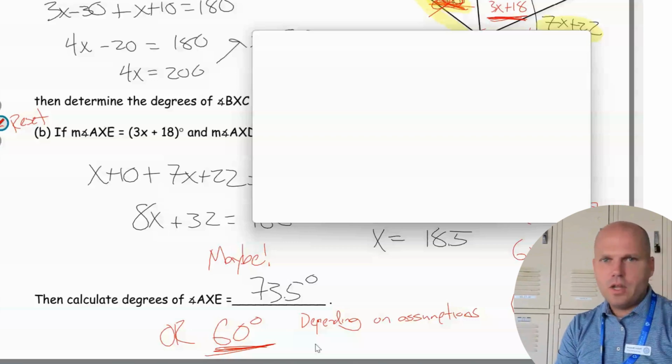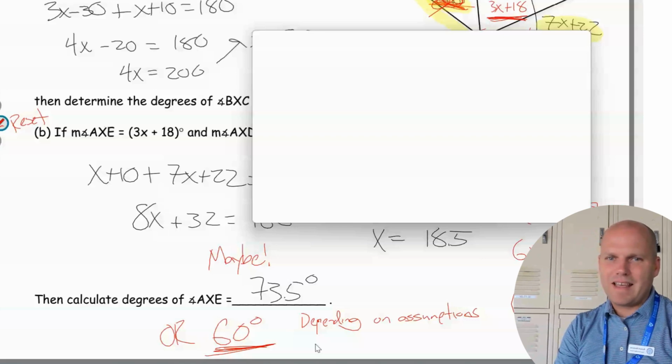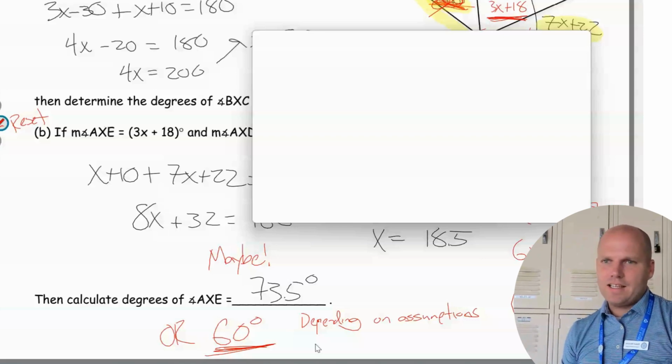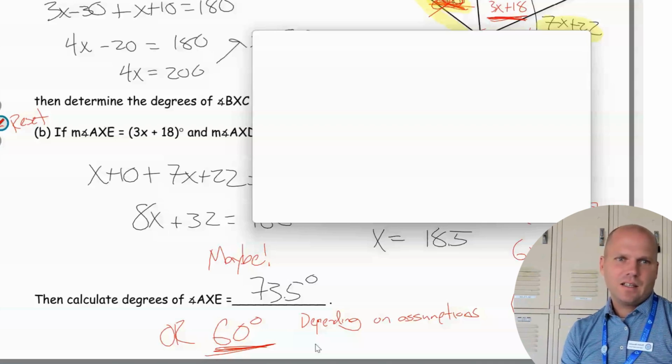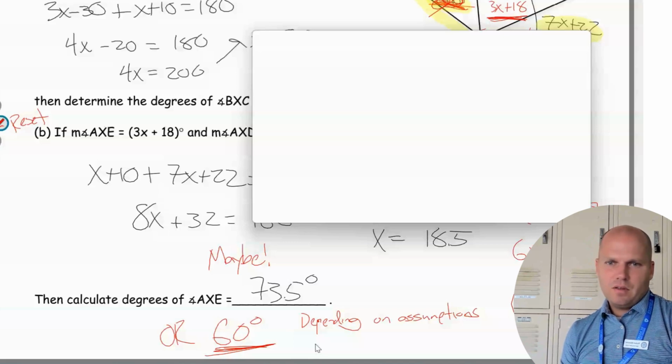Oh, no, hold on. Sorry, I did not see that XE bisects AXD. So hold the phone. This is one way to do it, actually.